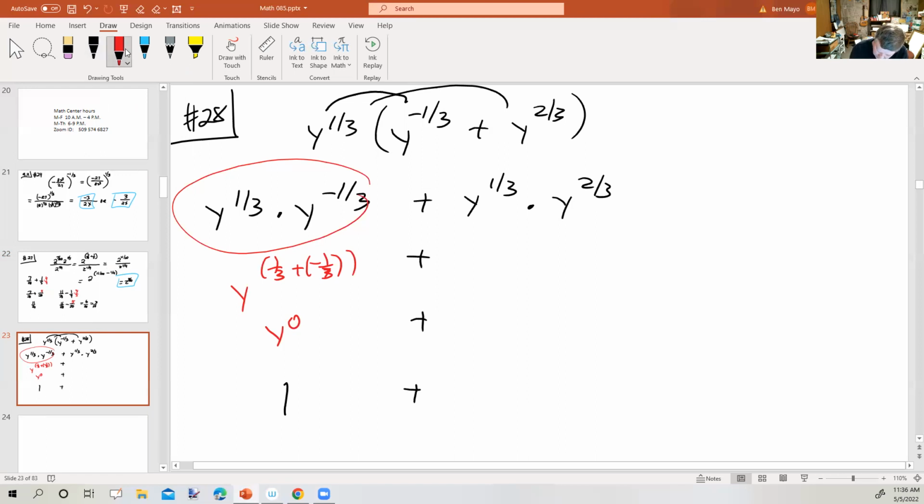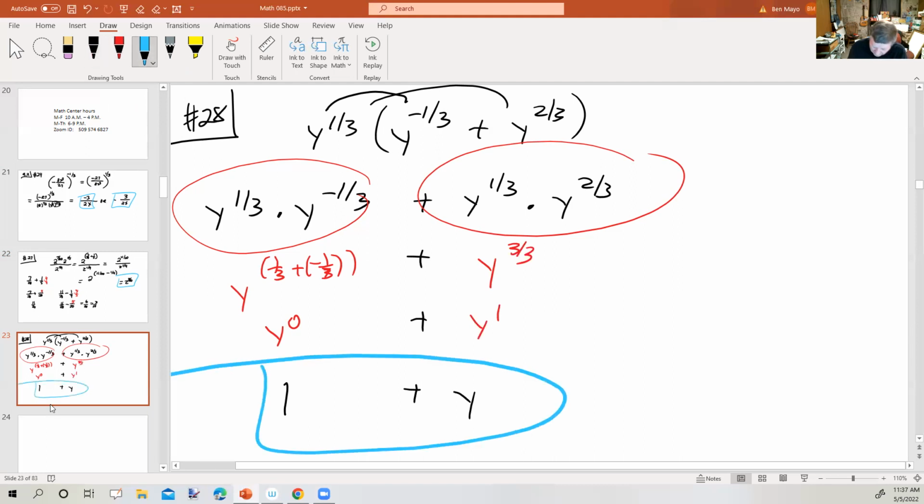And then here, y to the 1/3 times y to the 2/3 would be y to the 1/3 plus 2/3, which is 3/3, which is y to the 1, which is just y. So our final answer, 1 plus y, or you could write it as y plus 1, either way. All right, let's see. Next up is 32.